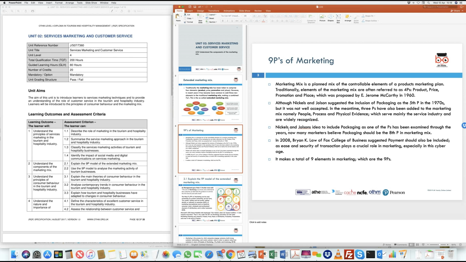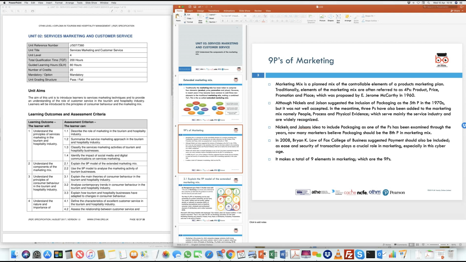So the fifth P, packaging, was added. And at some stage later on, when they proposed people, process, and physical evidence, those were also added. Now, the extended marketing mix, with the addition of these three Ps, people, process, and physical evidence, was important because it was added keeping in mind the service industry in particular.